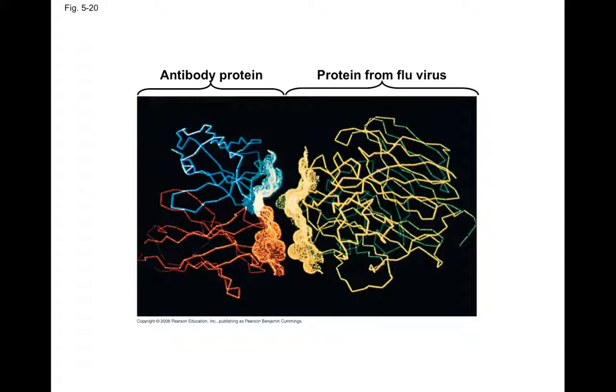And even some things that are supposed to be in the body, but it recognizes them. And it recognizes them because it has a certain shape that exactly fits with other types of proteins. So you can see here in the middle, the antibody protein has a shape that exactly fits the protein from the flu virus, and so it can attach to that and recognize it and alert the body that it's there and to get rid of it.